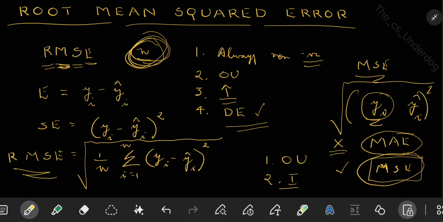So you got the advantage of MAE, which is that it stays in original unit. You also got the advantage of MSE, that it is always penalizing the larger errors heavily. You got the advantage of both, which is it always stays non-negative. Plus, you also got the additional advantage that this new thing always stays differentiable. Right? So these are the advantages.